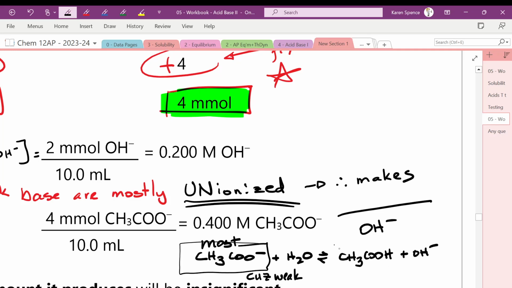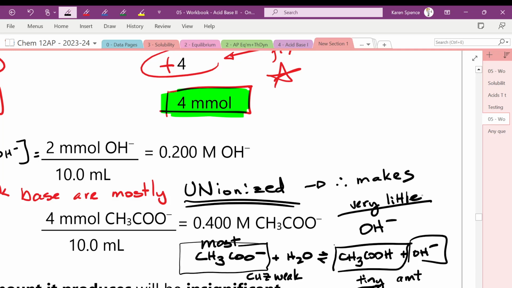How much goes here? Only a tiny amount because it is a weak base. So the weak base makes very little OH minus.